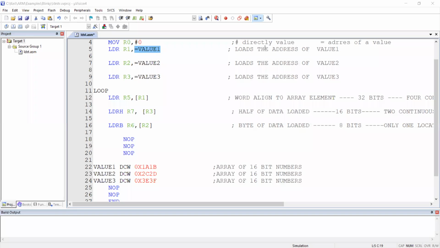Equal in assembly language is equal to star in your C program.